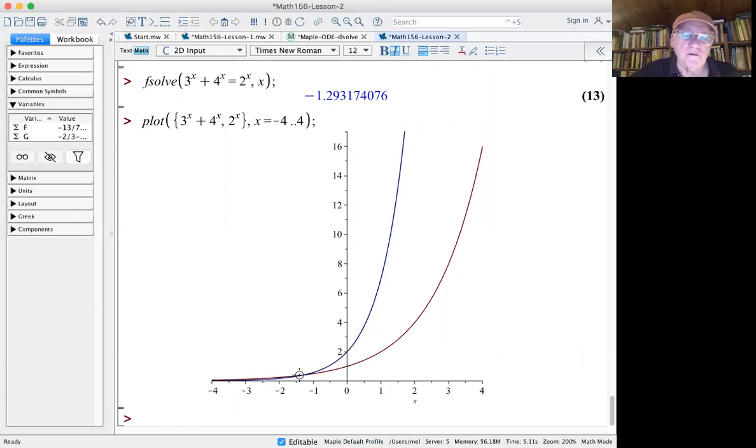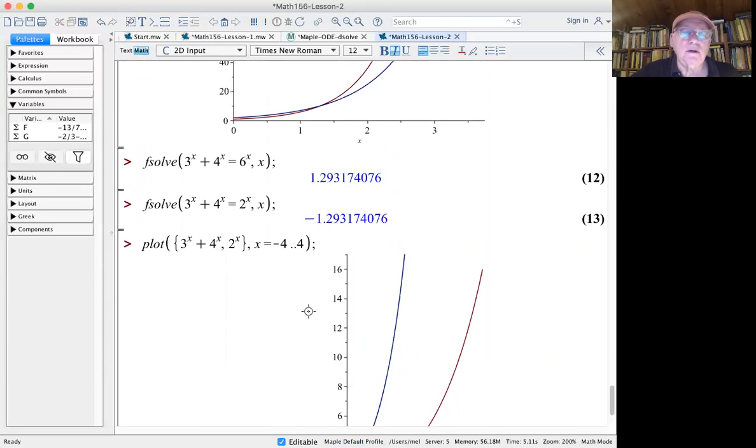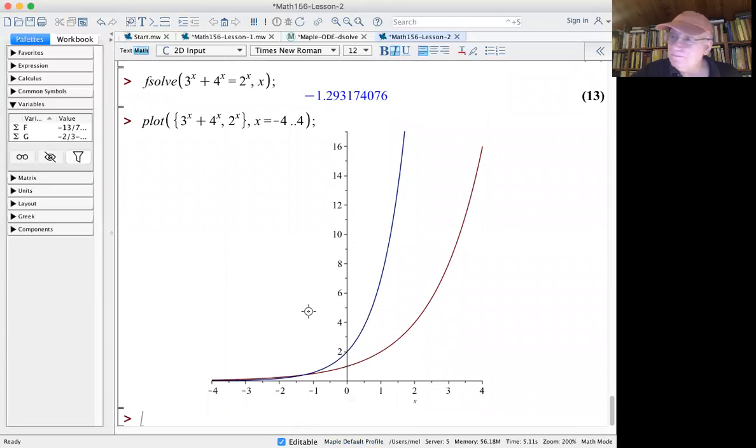Yeah, they seem to cross down there. Oh, very interesting. So this is solving equations and solving multiple equations, plotting graphs of one function and of multiple functions.